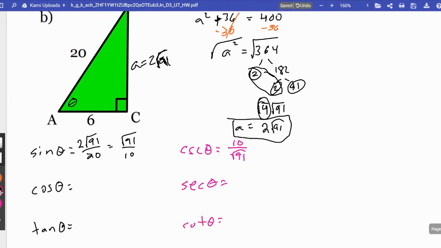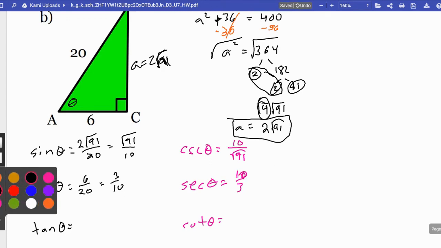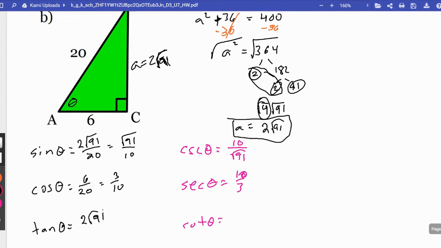So the other two, cosine, adjacent over hypotenuse is 6 over 20. We can reduce that, take out 2, it would be 3/10. That means that secant is 10/3. Tangent, opposite over adjacent, is 2 root 91 over 6.